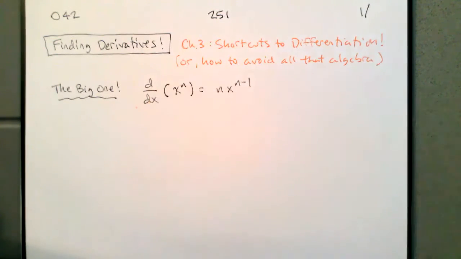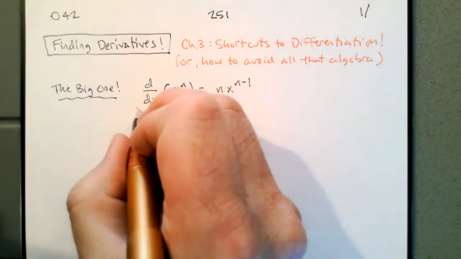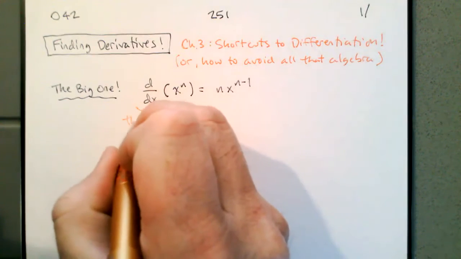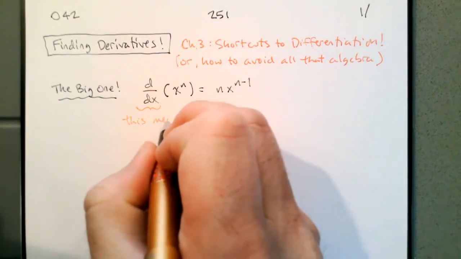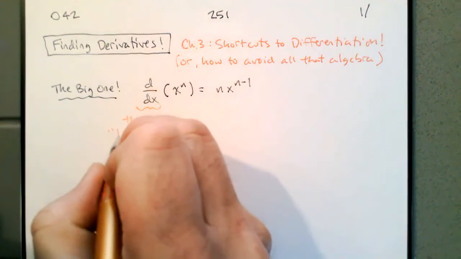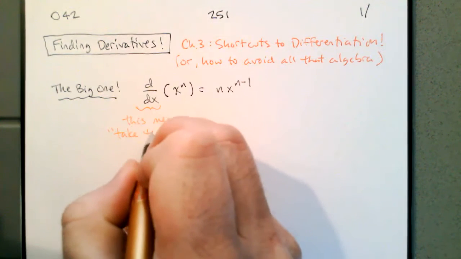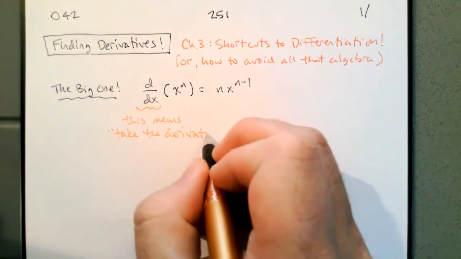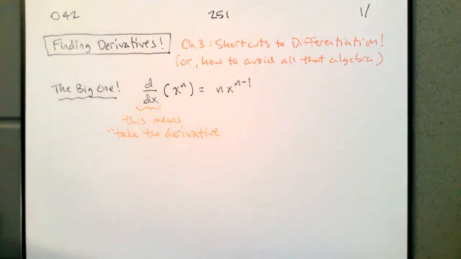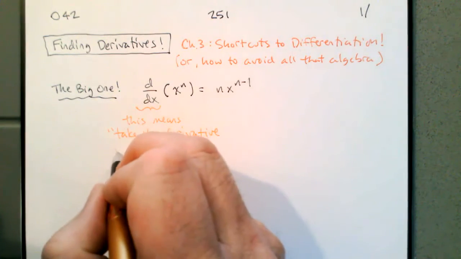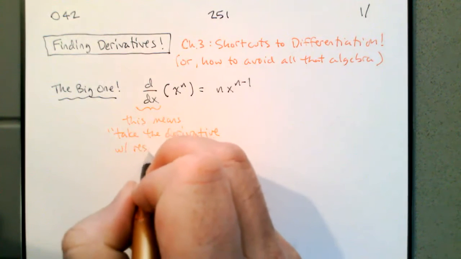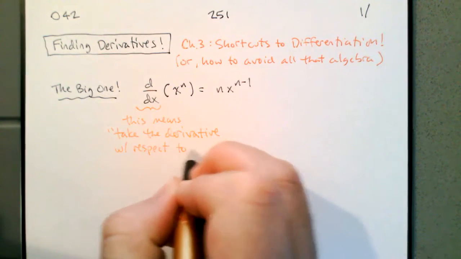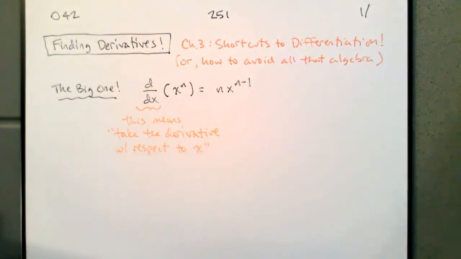So this symbol means take the derivative with respect to x. That's the dx on the bottom. And what that means is that x is the variable.